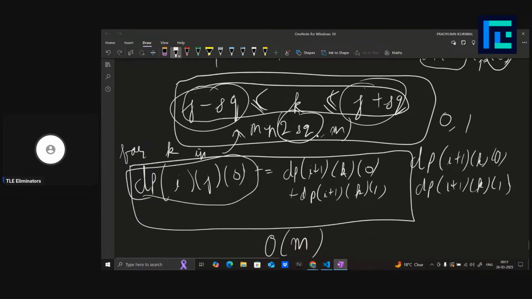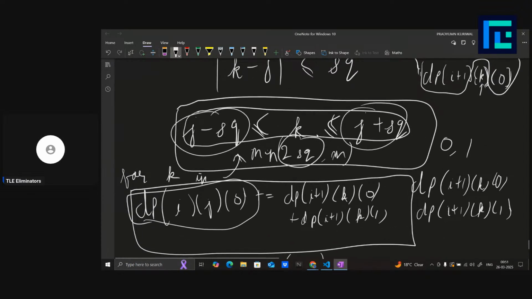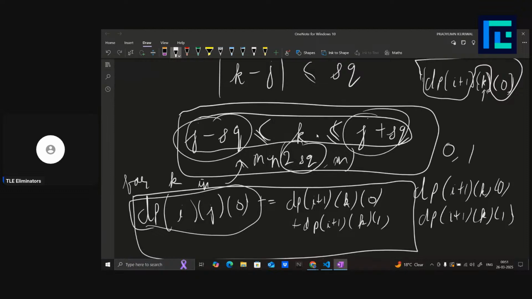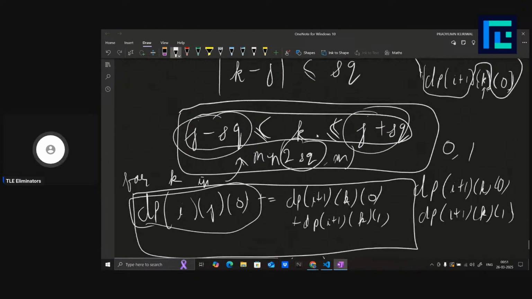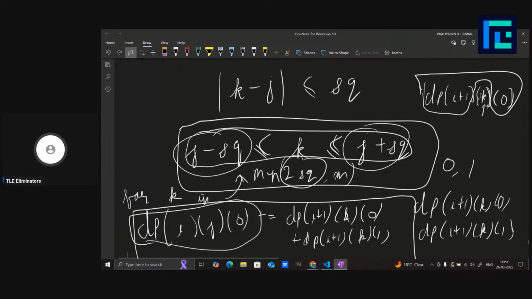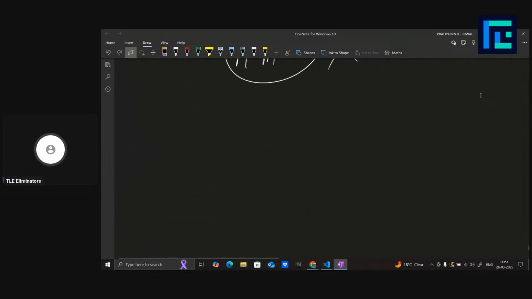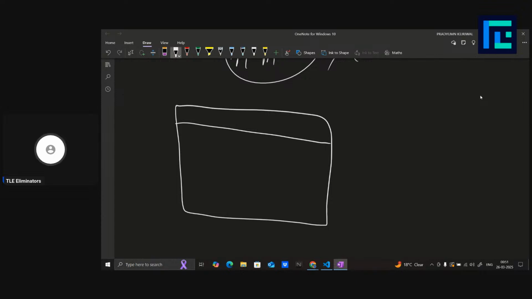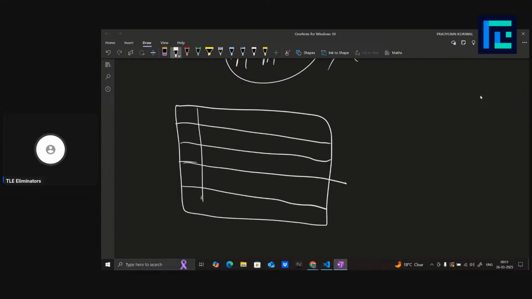That is, I can maintain a prefix sum. I want to transition from i+1, and I have already processed i+1. So see, I have this grid, and I am moving from bottom to top, correct?